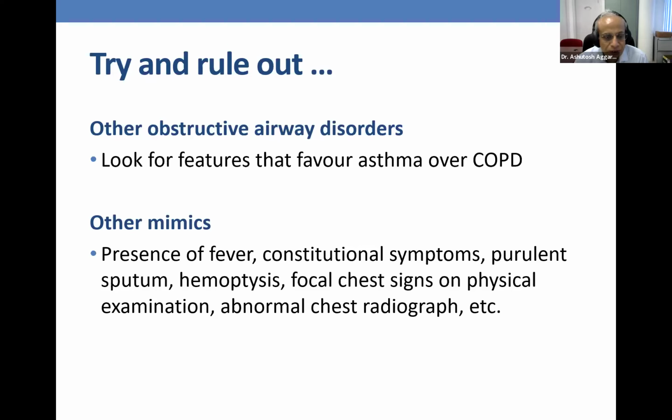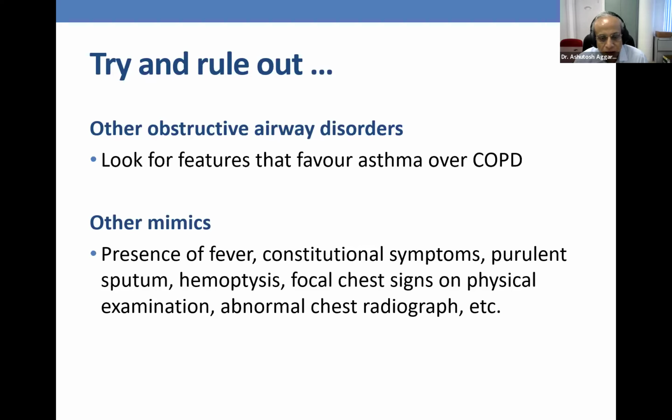For instance, if there is presence of fever, or if there are significant constitutional features, if the patient is having expectoration but the sputum is purulent, or if the patient is having hemoptysis, or if on examination we find focal chest signs, for instance, presence of any bronchial breathing or some focal area of crepitations, then these are features that will take us away from a primary diagnosis of asthma.